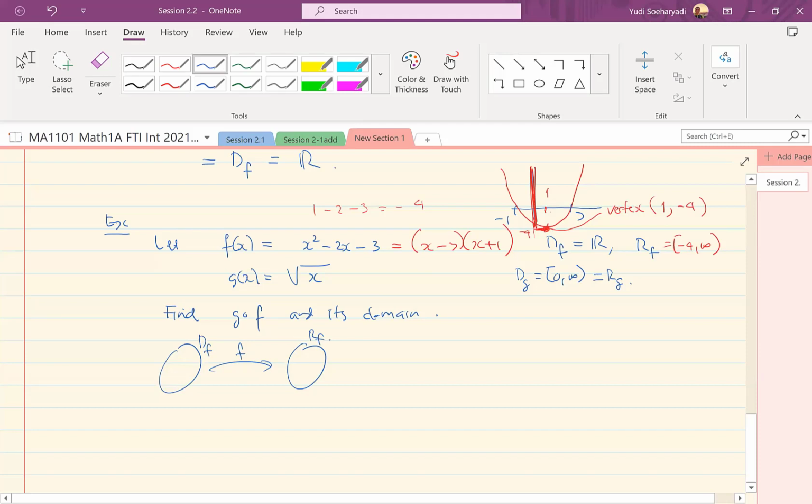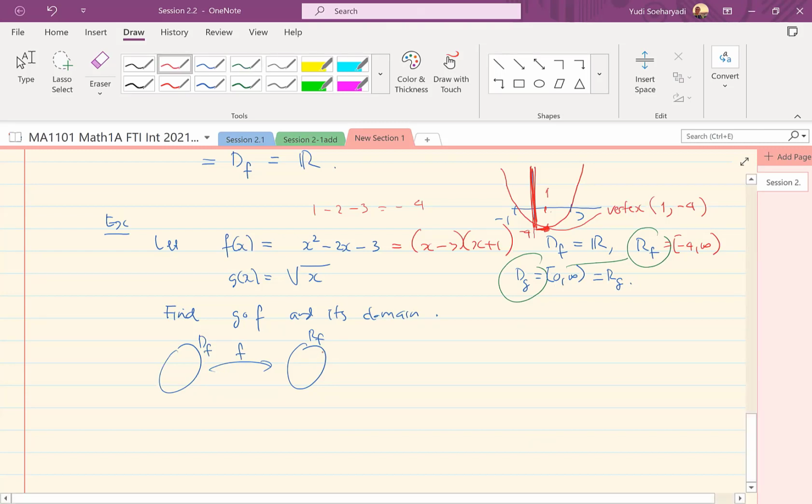Let's see, what about the G? Let's compare R F and D G here. So R F is bigger than D G. So D G is, because this is from 0, this is starting from -4.